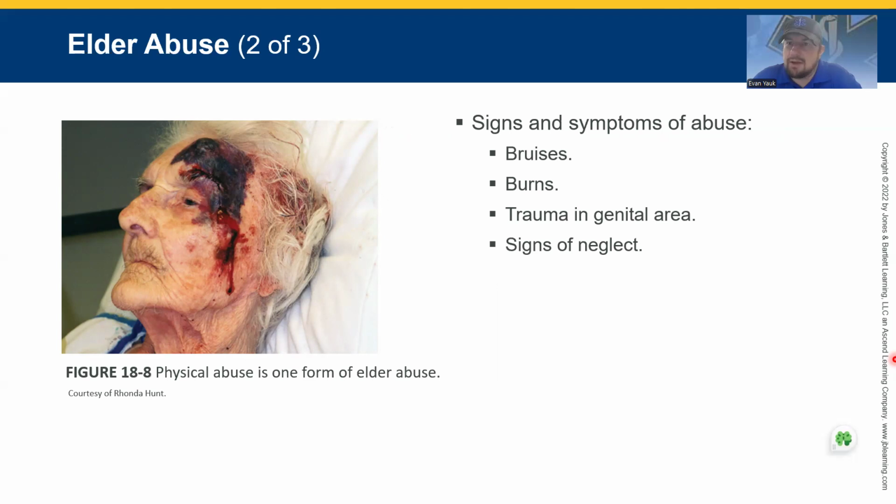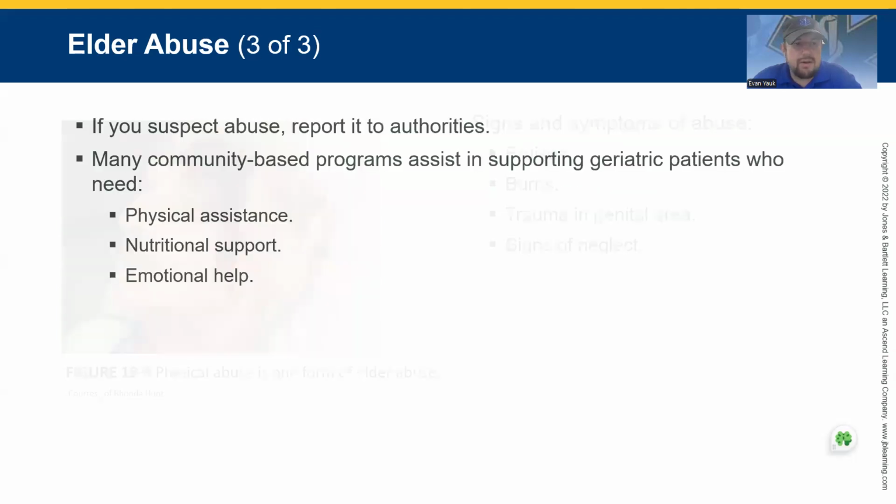Signs of neglect can be not proper clothing, bad living conditions, no food in the house. If you suspect abuse, report to authorities. Many community-based programs assist in supporting geriatric patients who need physical assistance, nutritional support, or emotional support.